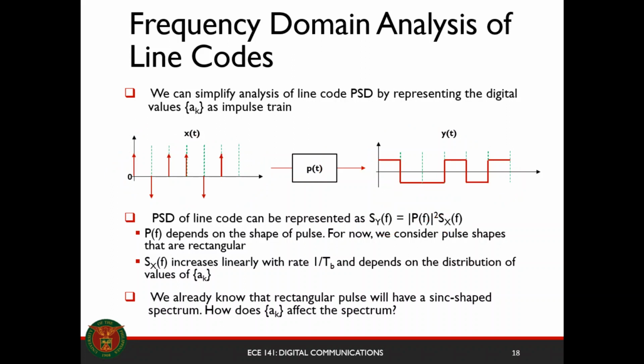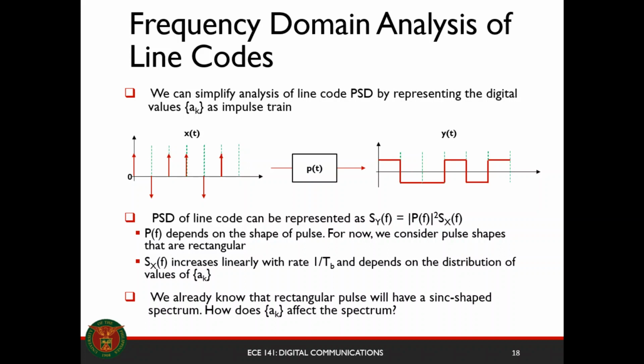Okay? So why are we considering spectral density? It's because the output bits are random. Since it's a random process, then it doesn't have a defined frequency spectrum. But we can actually know the power spectrum or power spectral density.